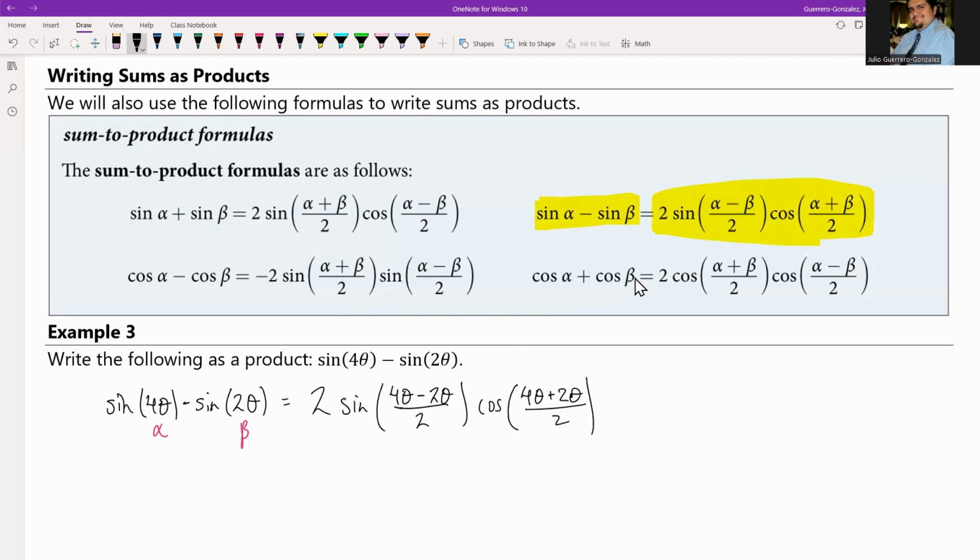Okay, now we can simplify this out. 2 sine. 4 theta minus 2 theta, that's 2 theta over 2. I'm just doing the arithmetic here. 4 plus 2, that's 6 theta over 2. So this all reduces to 2 sine theta cosine 3 theta. And we are done.